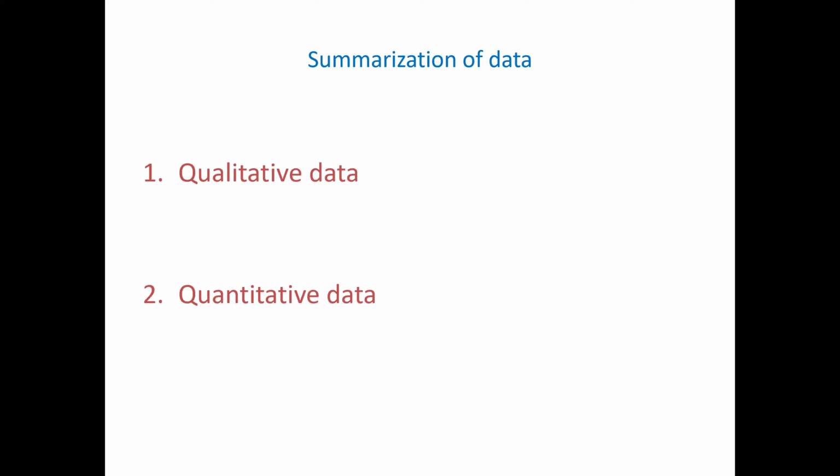Mind you, I want to bring your attention to something. The words qualitative data and quantitative data may mean different things in different contexts. In this context now, qualitative data means the data we get from variables like sex, ethnicity, marital status.